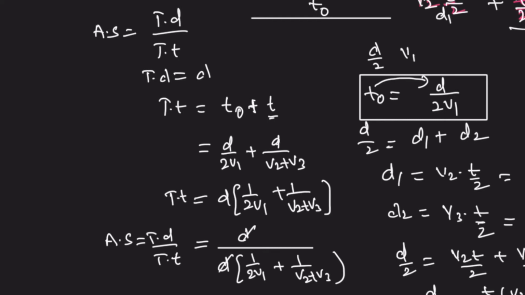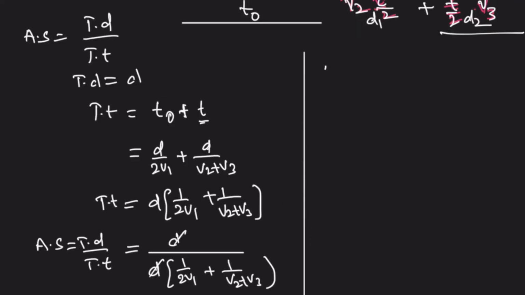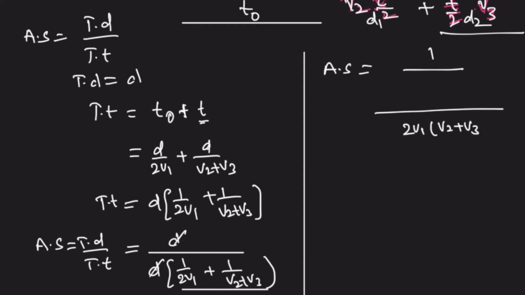So d cancels. Here the average speed is equal to 1 by the sum. What is the LCM of these two denominators? That is 2v1 into v2 plus v3. Now v2 plus v3 multiplied with 1, we get v2 plus v3. Again 2v1 multiplied with 1, we get 2v1. So here is the average speed formula.